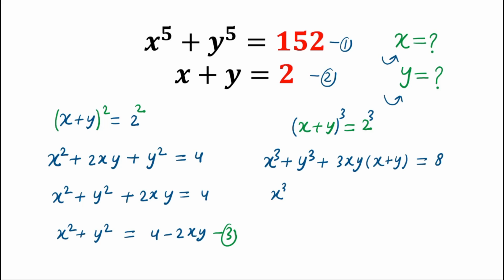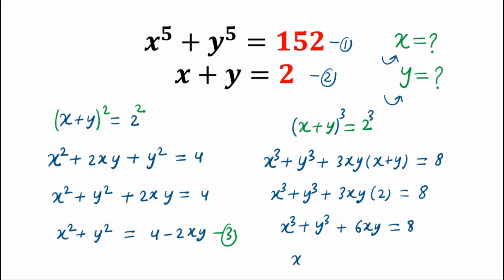Then x cube plus y cube plus 3xy times x plus y, which is replaced by 2, because look carefully, in equation number second x plus y is equal to 2. So x cube plus y cube plus 3xy multiplied by 2, that is 6xy, equals 8. Here the value of x cube plus y cube is 8 minus 6xy. Let's say this is equation number 4.